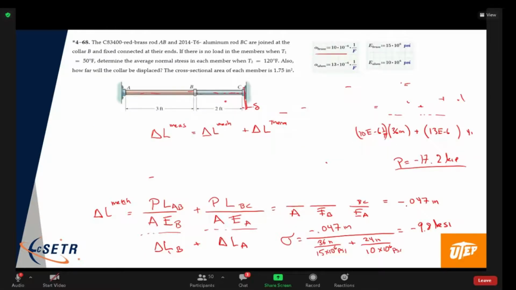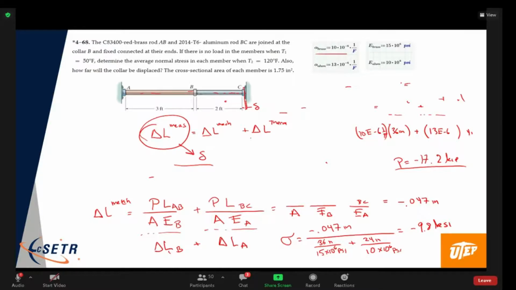The measured change in length is going to equal that gap, because it's going to elongate until it hits the wall, and then it won't elongate anymore. So instead of the measured change in length being 0, if there's a gap, the measured change in length is going to be that gap, delta.